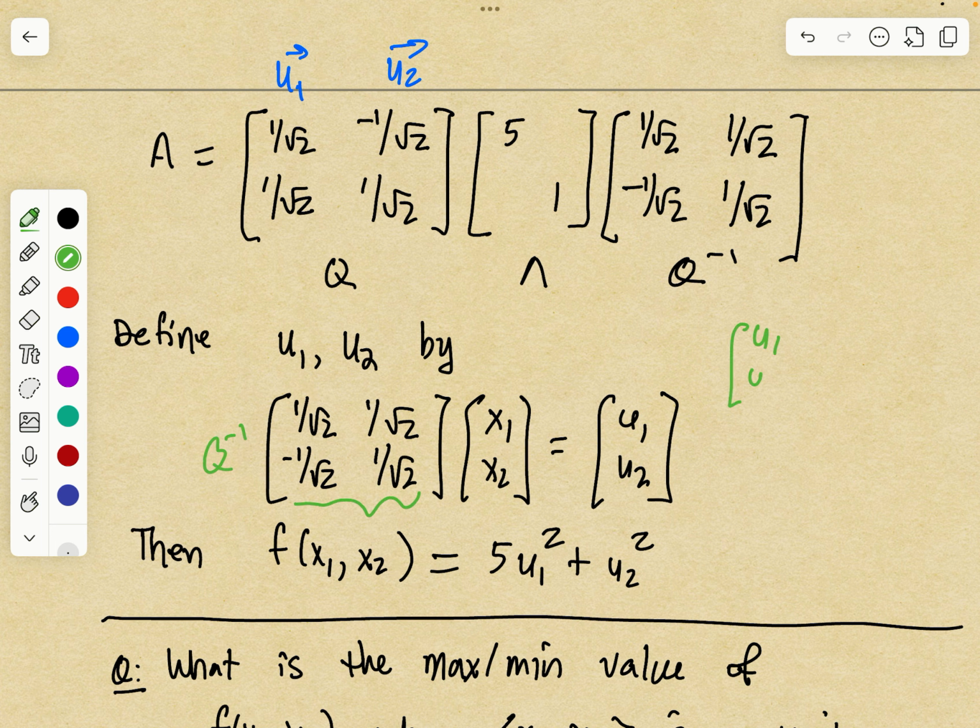So u1, u2, so x1, x2 is going to be Q times u1, u2.